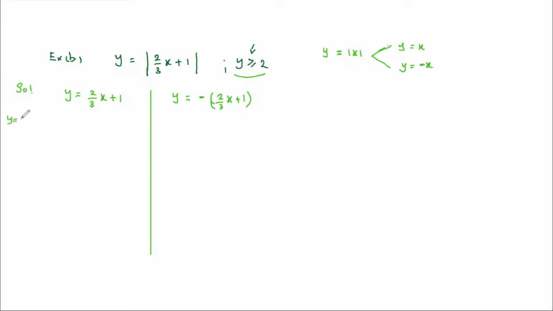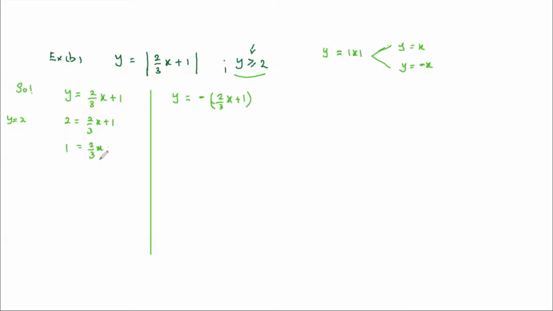If y equals 2, you replace y with 2 here: 2 equals 2 over 3x plus 1. Simplify it: moving the plus 1 over becomes negative 1, so we are left with 1 on this side, and 2 over 3x.